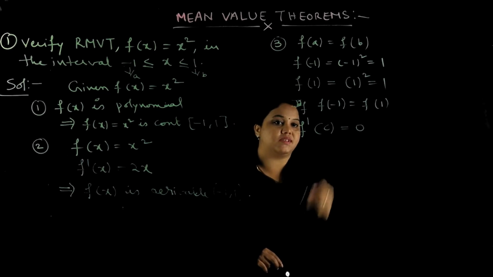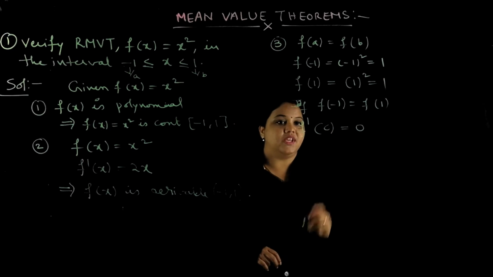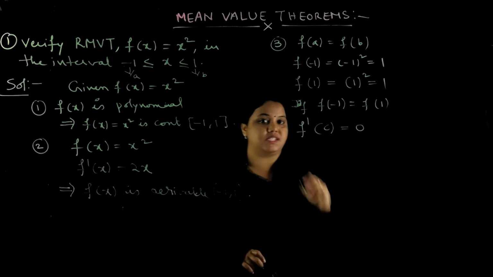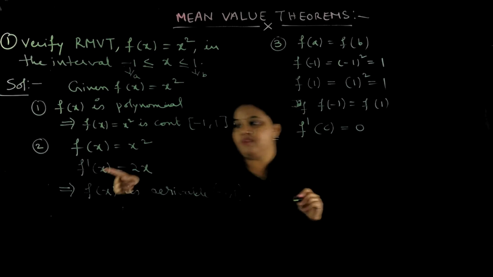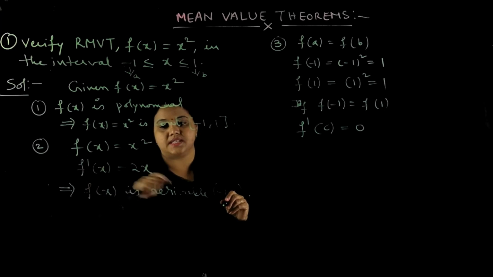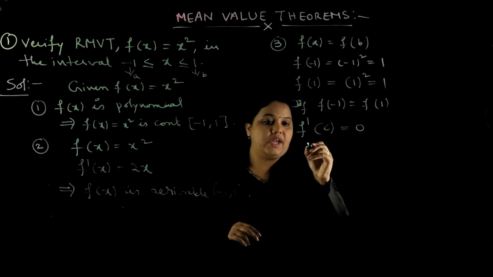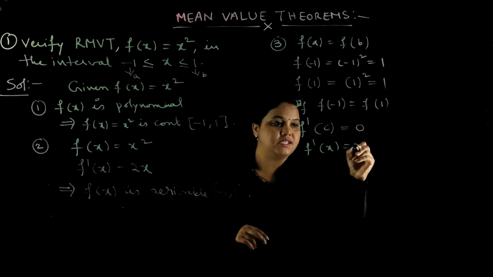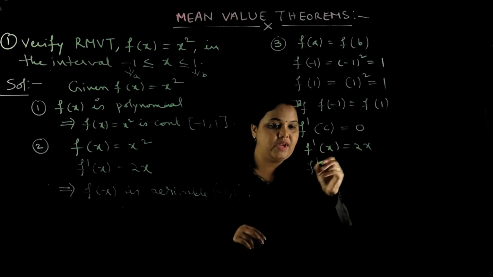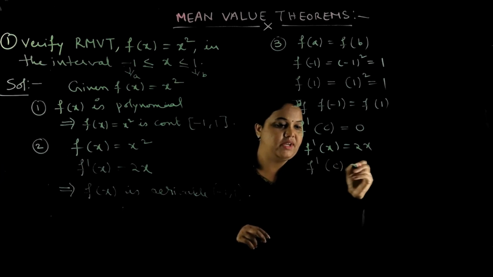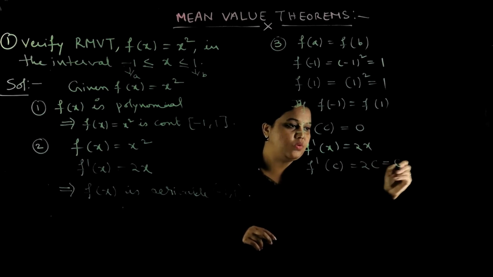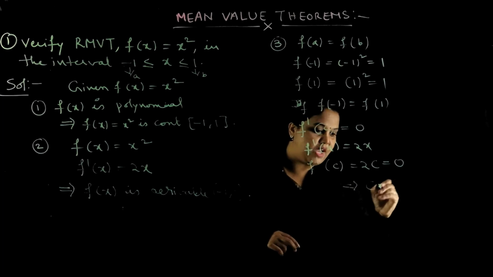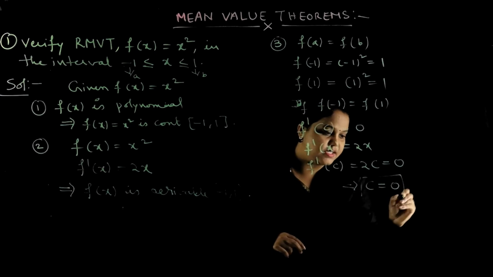If this condition is satisfied, then I can simply go for applicability and check the condition f dash of c should be equal to 0. So let us see f dash of c, whether it is equal to 0 and whether c is lying in between or not. And here we have seen that f dash of x is nothing but 2x. So f dash of c will be nothing but 2c. 2c we equate to 0, implies we get the value of c as 0.